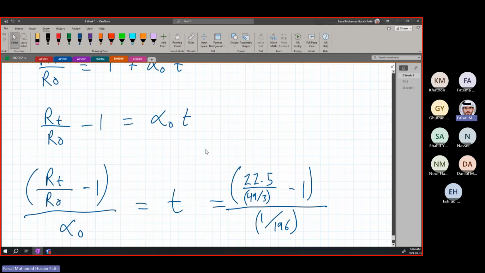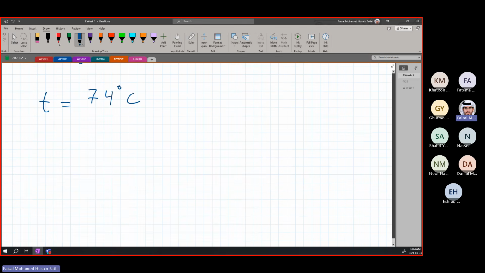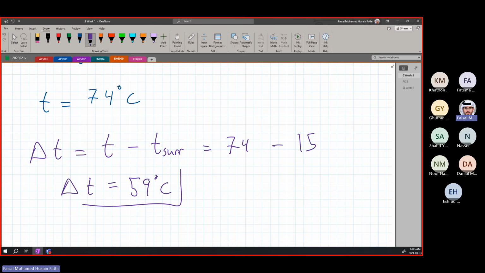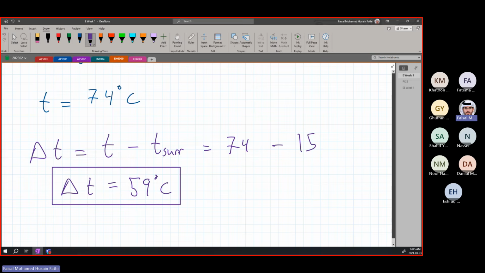So the rise of temperature, delta T, is going to be equal to the temperature itself T minus T surrounding. Meaning 74 degrees Celsius minus 15 degrees Celsius. So delta T is going to be equal to 59 degrees Celsius. And this is your final answer.